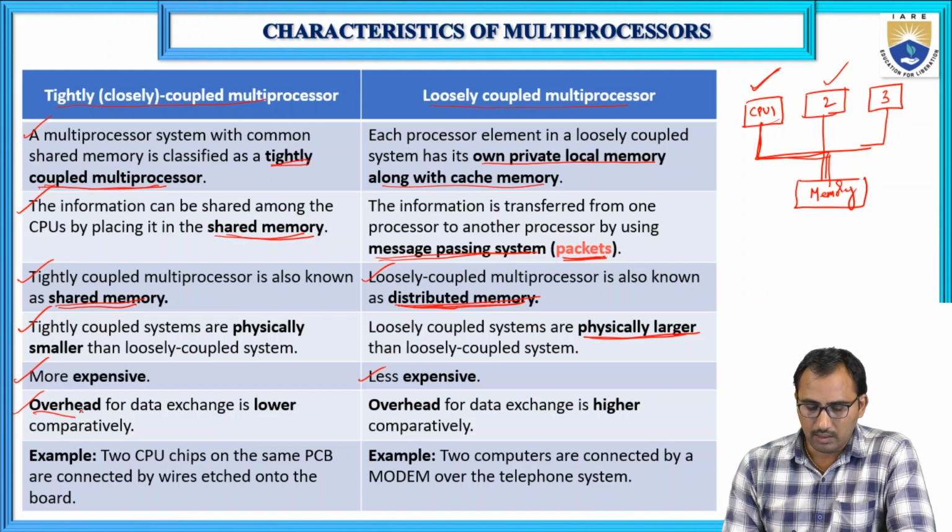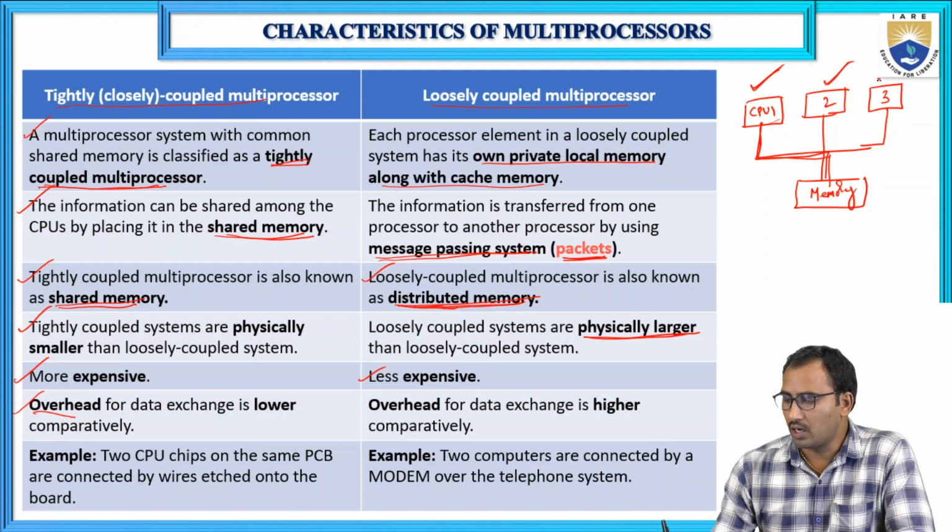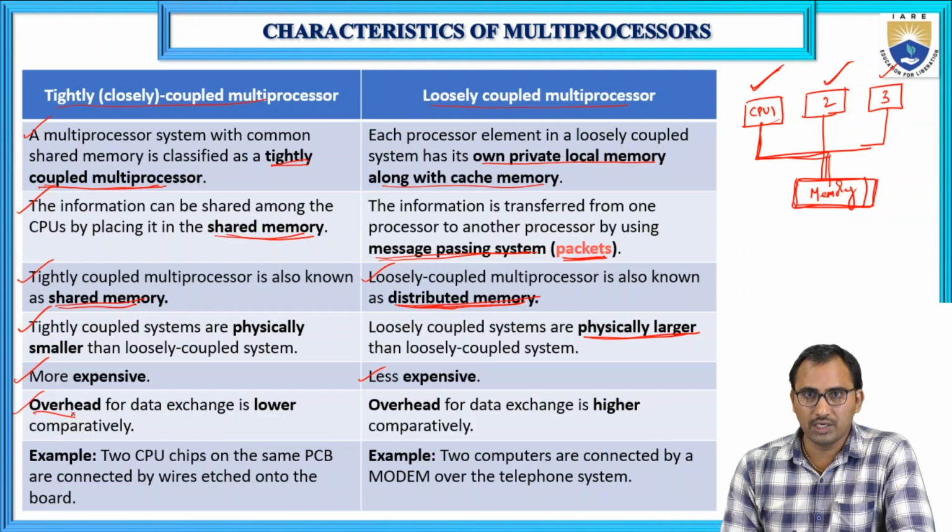So here in this tightly coupled multiprocessor, all the different multiple CPUs communicate through a single memory. So that's why their communication will become easy. So here the communication overhead will be lower.